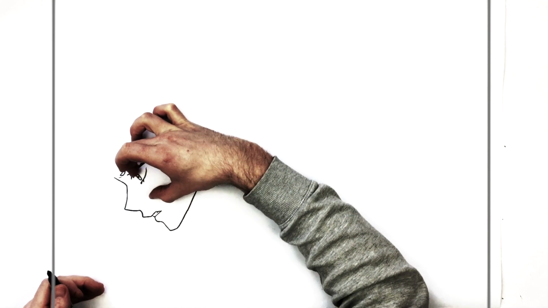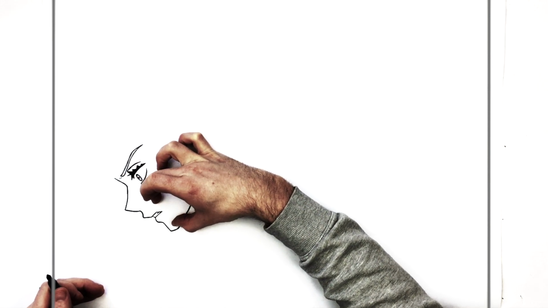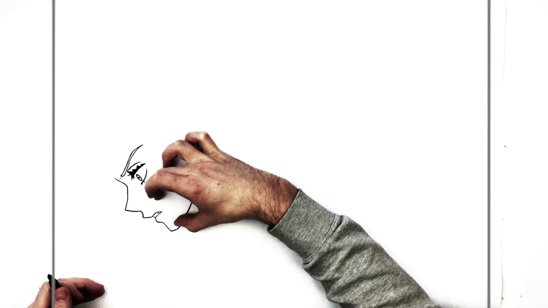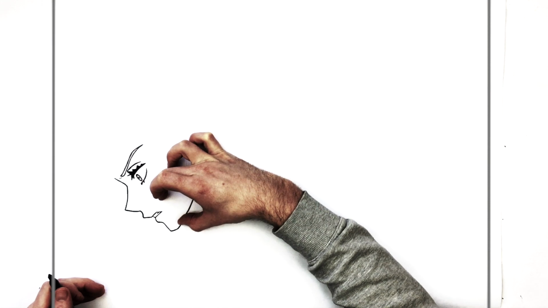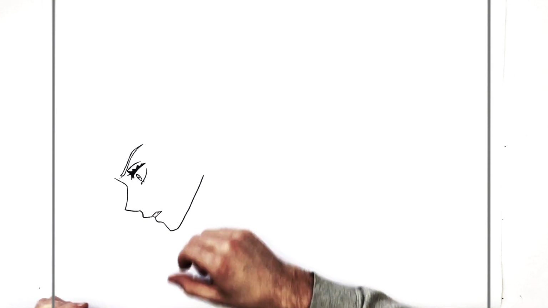So eye to nose, say this way, about the same as the bottom of nose to chin area, roughly, okay? And then nose to bottom lip, about the same as bottom lip to chin.